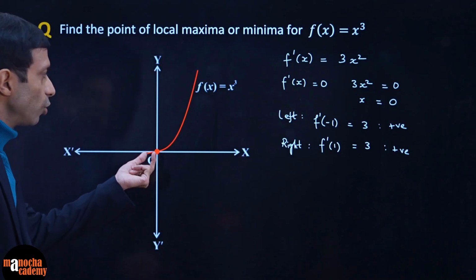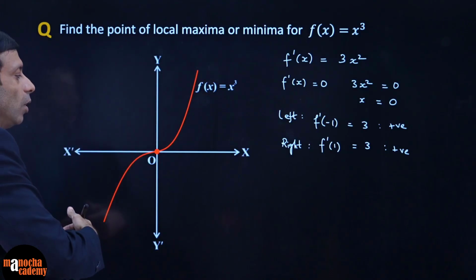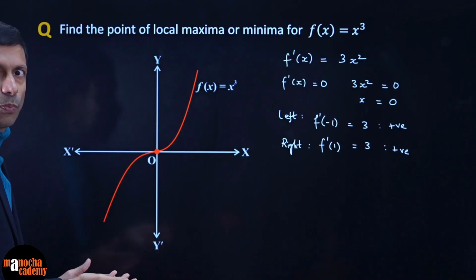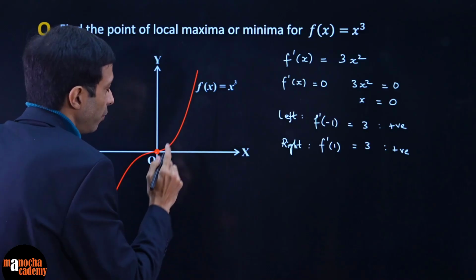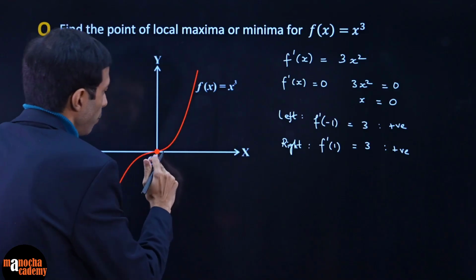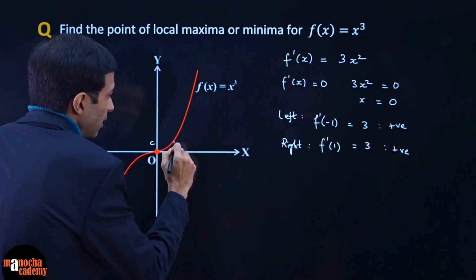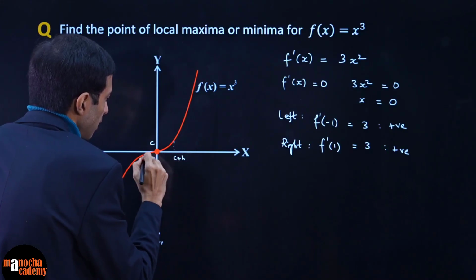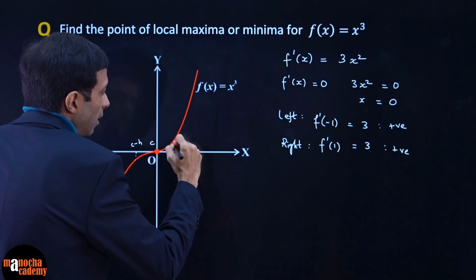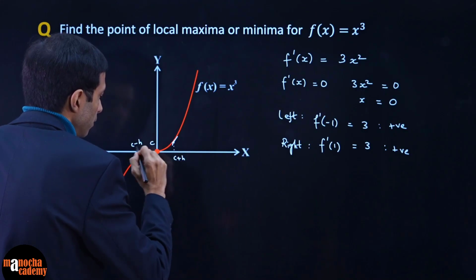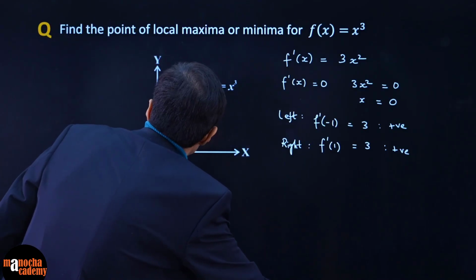In this neighborhood, in fact, this is the function here. Maybe I shouldn't have shown this graph to you, but this is your x cube function. This is our point where x equals 0, this is our c, this is the c plus h and c minus h region, and you can see the slopes are positive over here, in both these cases.